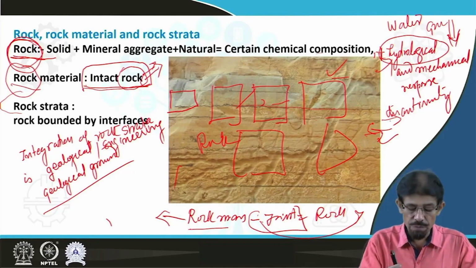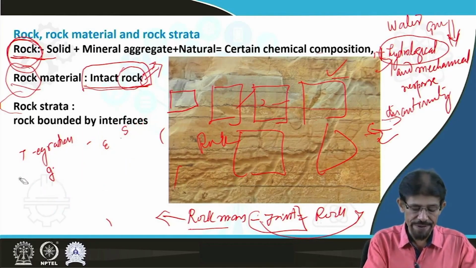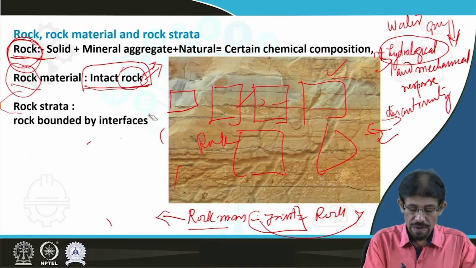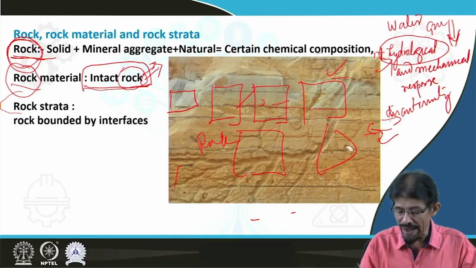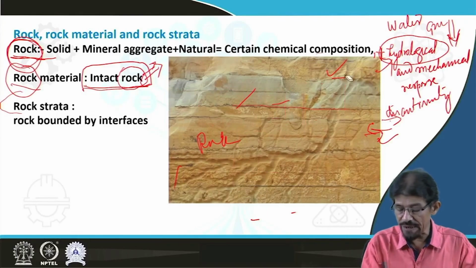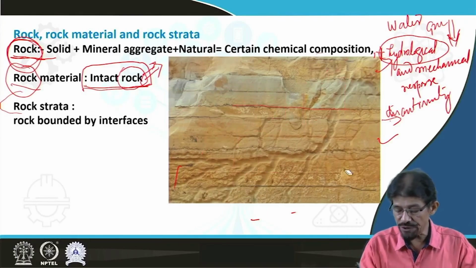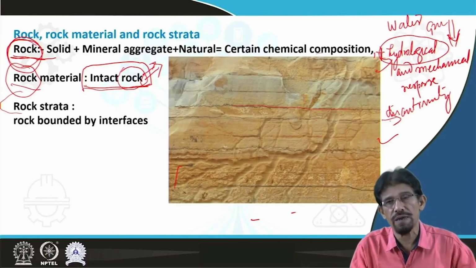So in a simple way we can say that the ground is made up of rock strata, and rock strata consist of rock mass, and rock mass consists of rock and joints.